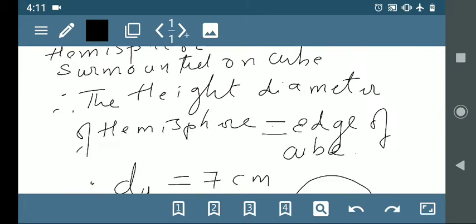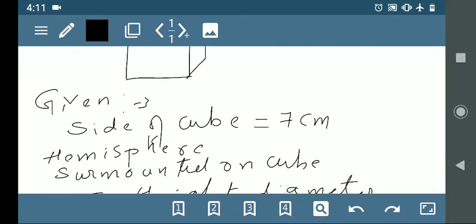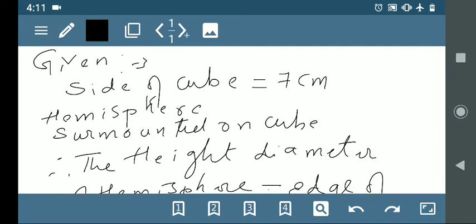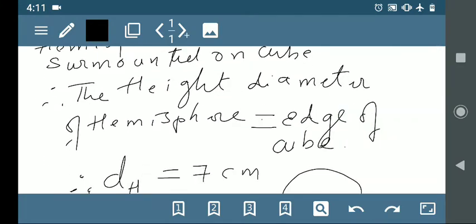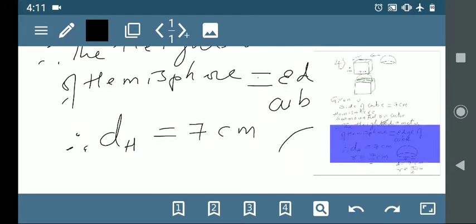Right here, what you have to write? Given side of a cube is equals to 7 centimeter, hemisphere is mounted on a cube, therefore the highest diameter of hemisphere is equals to edge of the cube.